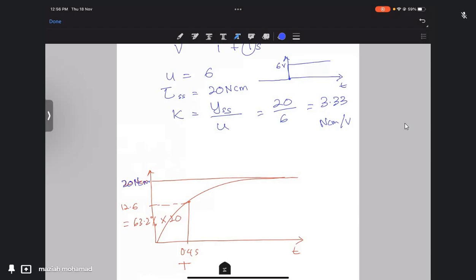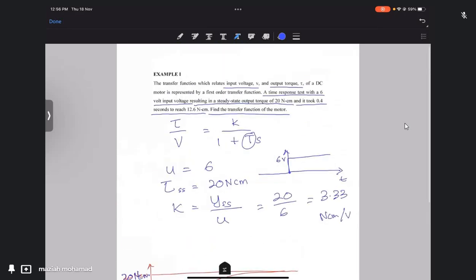Multiply 63.2% by 20, it gives you 12.6. So 0.4 here is our time constant. Therefore the transfer function will become 3.33 divided by 1 plus 0.4s. So that is example number 1 for the first order system.